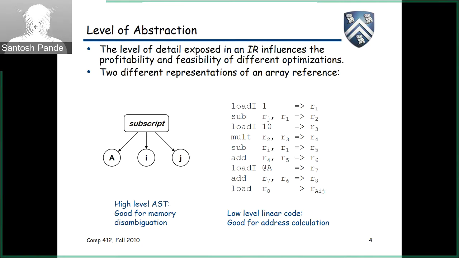However, if our goal is to actually implement this array, which is what the goal is in our middle end and downwards, then you can see that the IR could be converted into another form which looks something like this. What is going on here is we are trying to do the address calculation. I won't get into the details of it. You can easily see it.